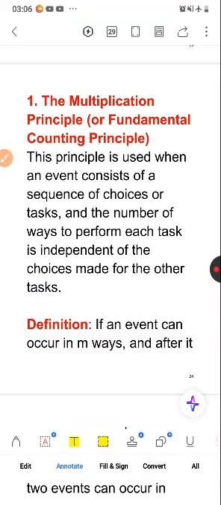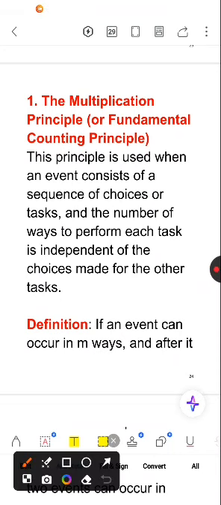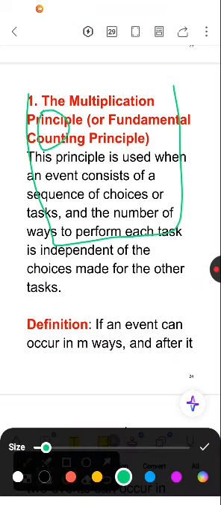So let's say you have 5 different balls in a box. You have a red ball, then a blue ball, then this ball.